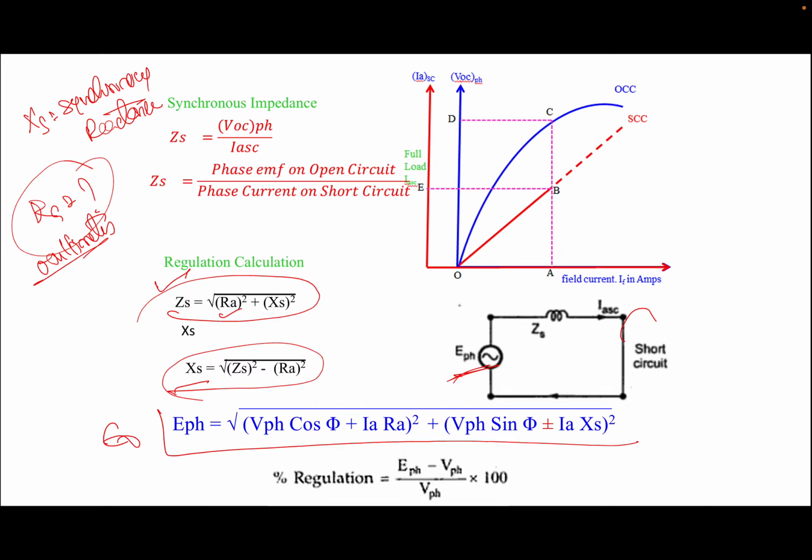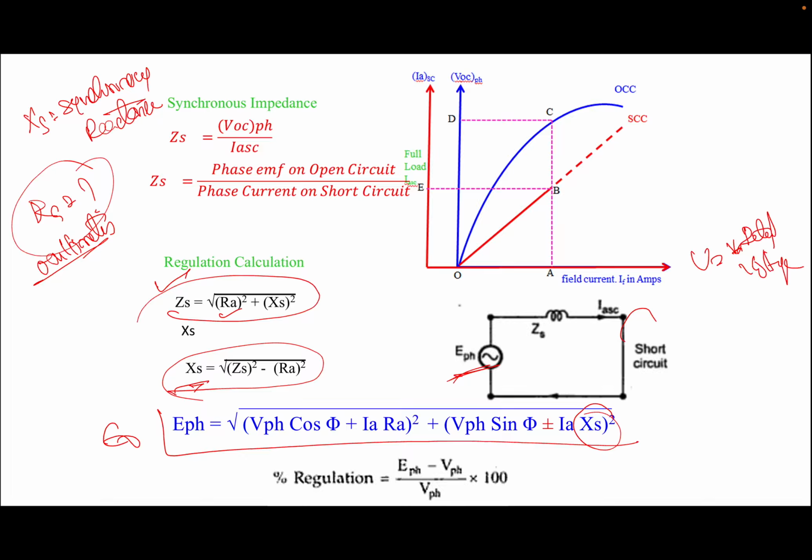Why am I requiring this XS here? Because XS is there in the formula. In order to find XS, I need ZS. I am using this ZS from the synchronous impedance method, that is the graphical method. And what is V here? V is nothing but the terminal voltage or rated voltage.